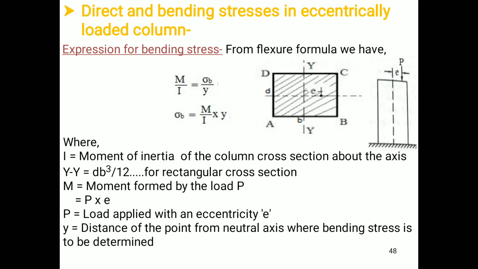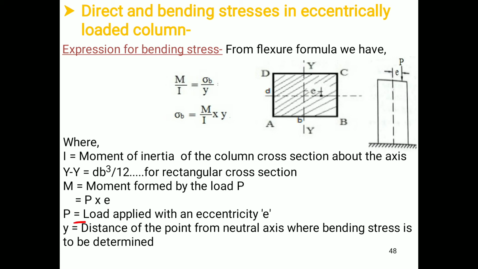Now M is the moment formed by the load P. For a given load P, we have a perpendicular distance from the centroidal axis, e. Therefore the value of moment will become P into e.